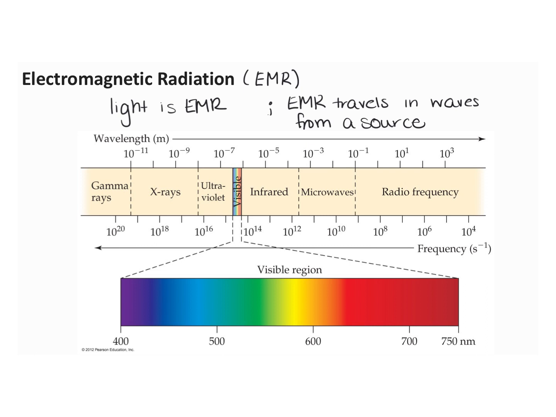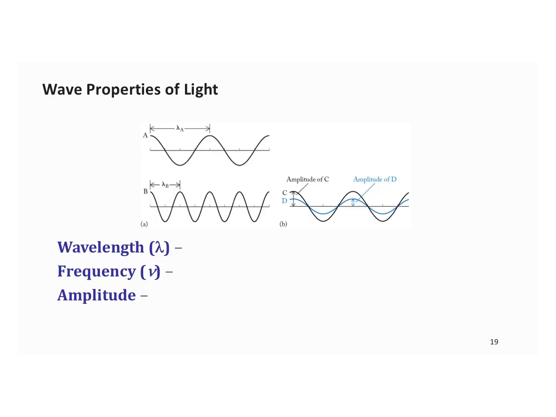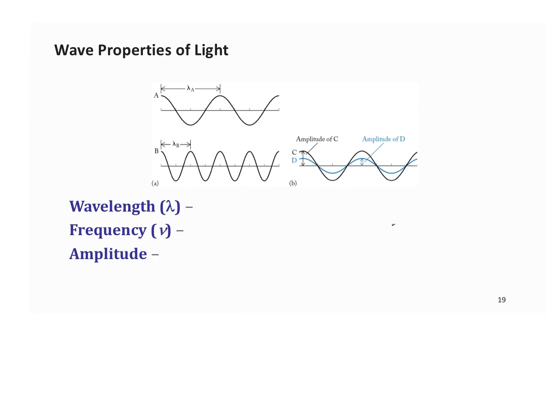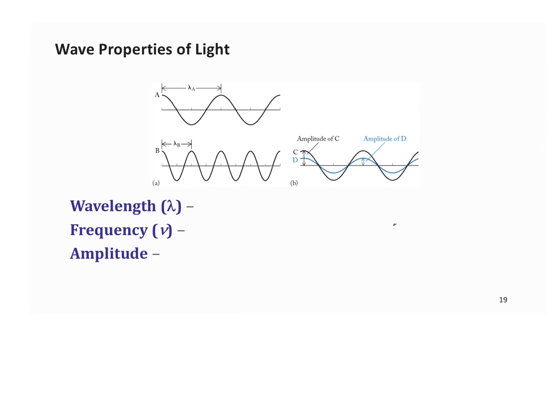So let's define wavelength and frequency. Wavelength is often represented with the Greek letter lambda, which you can see here, this wavy line.